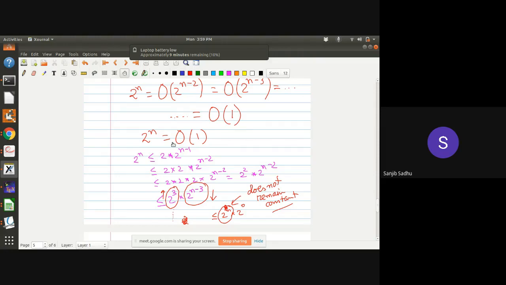That is a factor, the constant part. That means is it really constant or variable? Just like here, you see that this part is not constant. This part does not remain constant. It should be constant. Otherwise, 2 to the power n would become big O of 1. This is wrong. Clear? It cannot be.